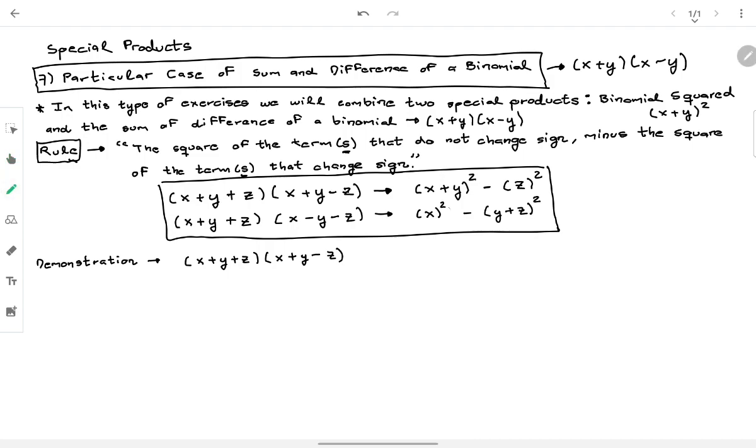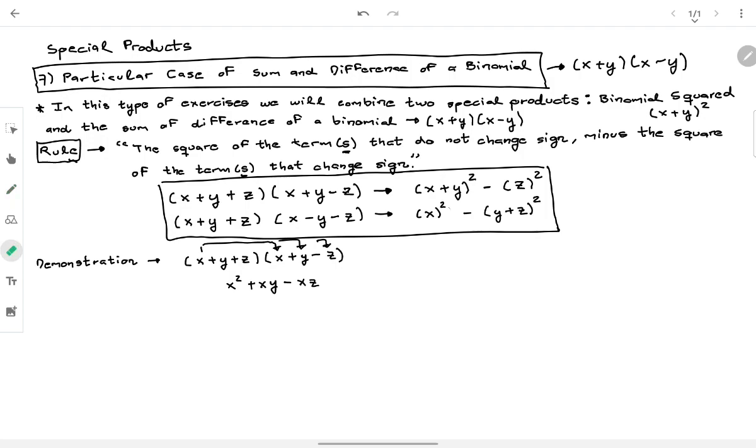To demonstrate, remember we need to multiply each term by the three of them. So it will be x squared plus xy minus xc.